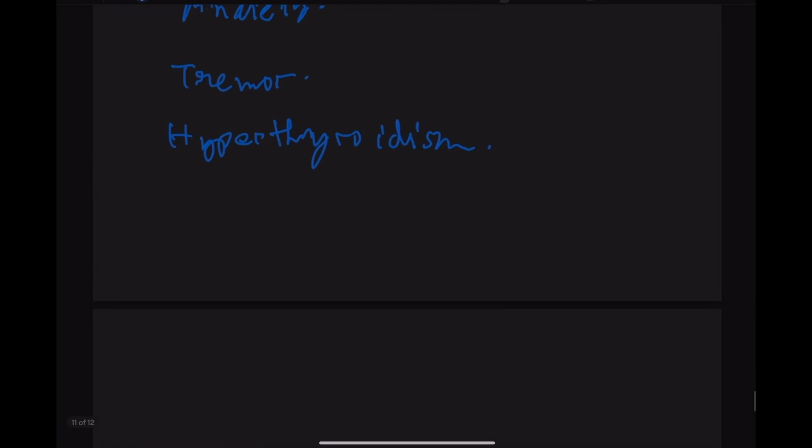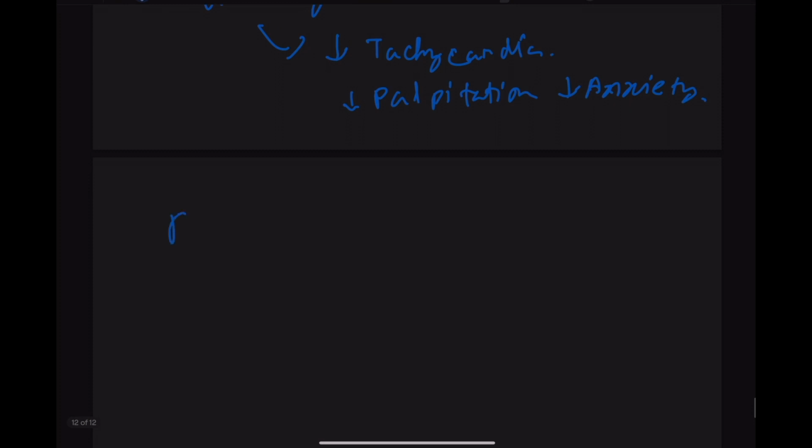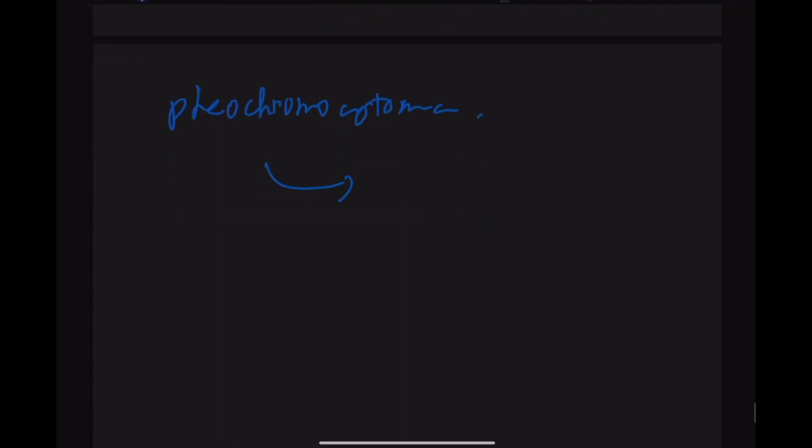In hyperthyroidism, it decreases the tachycardia or heart rate, palpitation, and decreases the anxiety. Okay. We also use beta adrenergic antagonists in pheochromocytoma, and the drug of choice is labetalol.